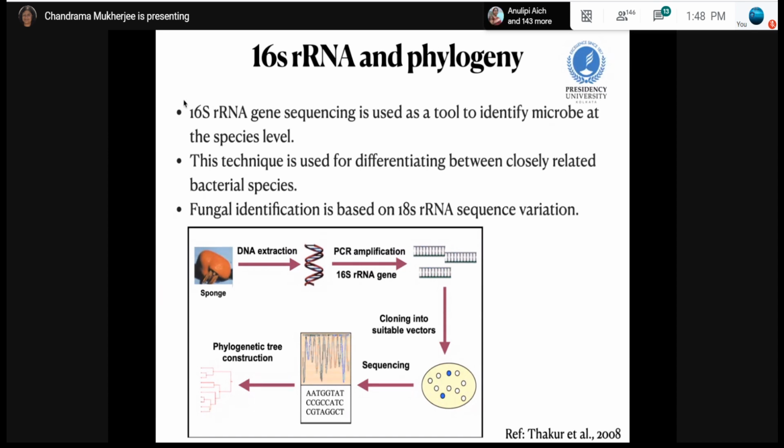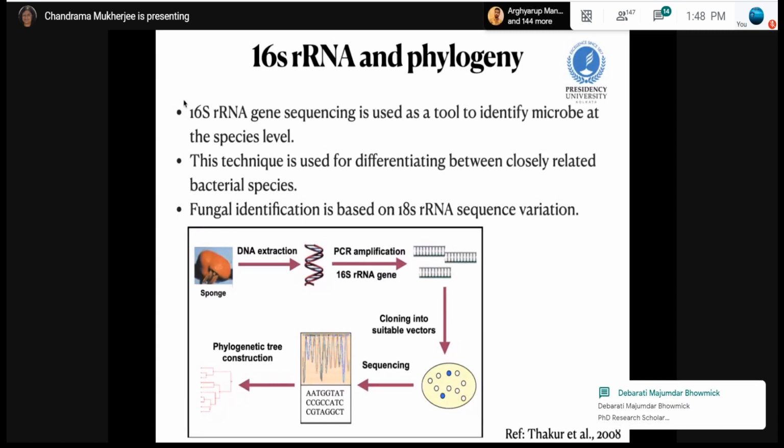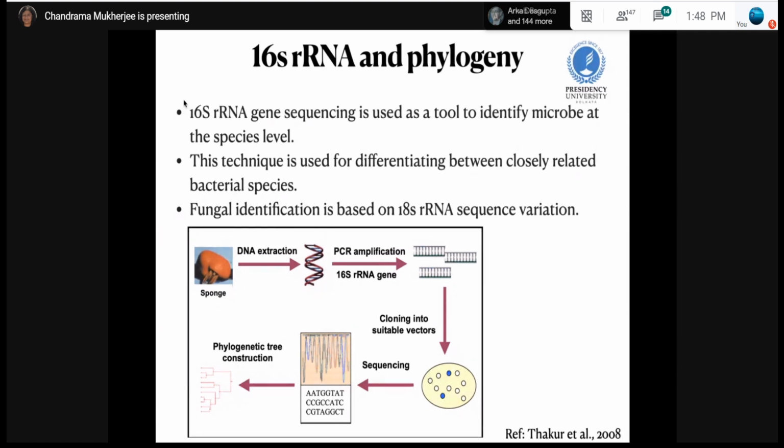So how can you do that? Suppose there is a sponge; you can do the DNA extraction and PCR amplification, and universal primer sets are already available. With these universal primer sets, you can specifically amplify the 16S ribosomal gene from the organism and then clone it into different vectors.